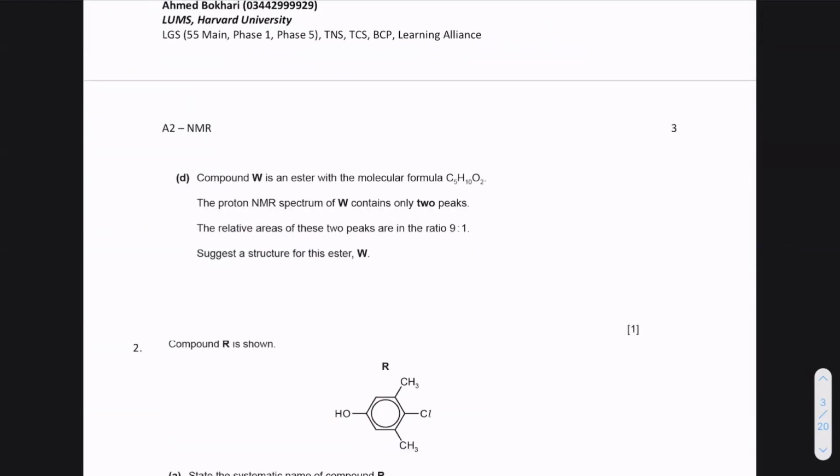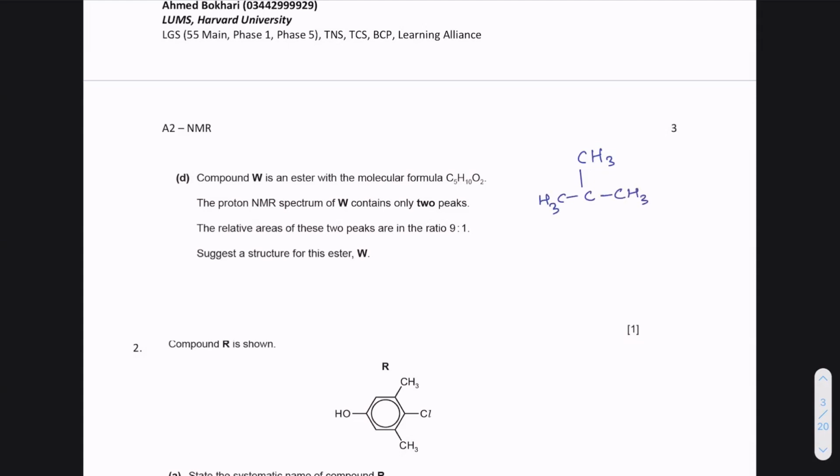Compound W is an ester with the molecular formula same. Proton NMR contains only 2 peaks. The relative areas are 9 to 1. इसका मतलब है कि 9 hydrogens attach in a similar way and only 1 hydrogen attached in a different way. 9 hydrogen same का मतलब ये हुआ that I have CH3, CH3, CH3.